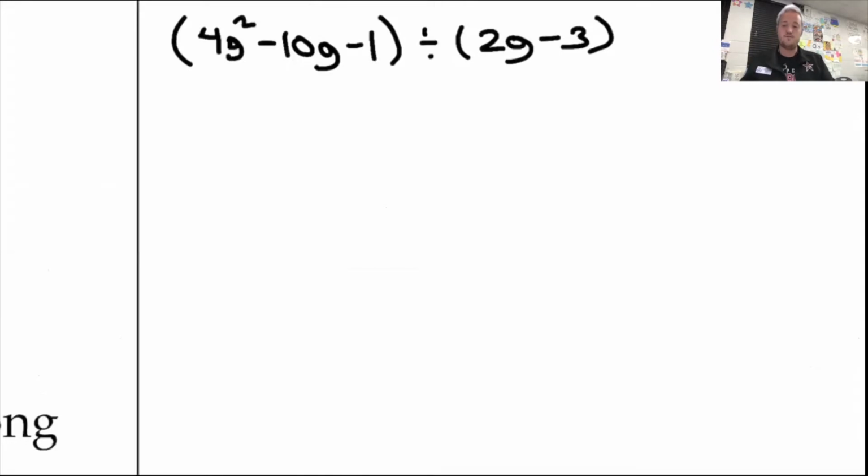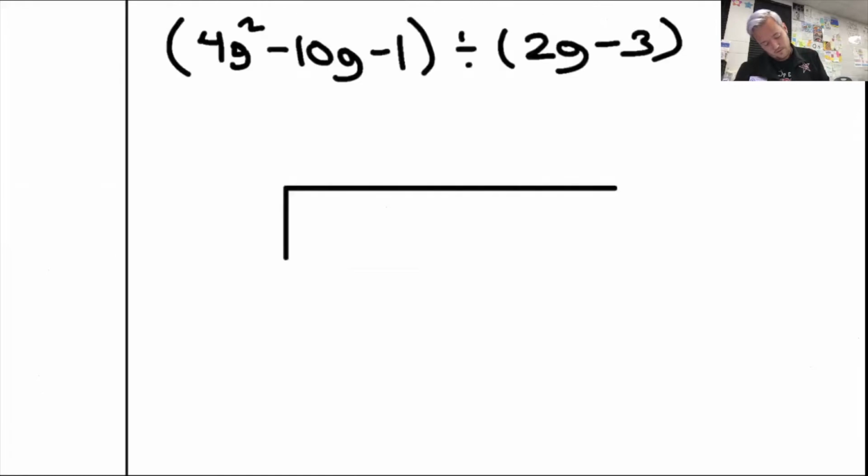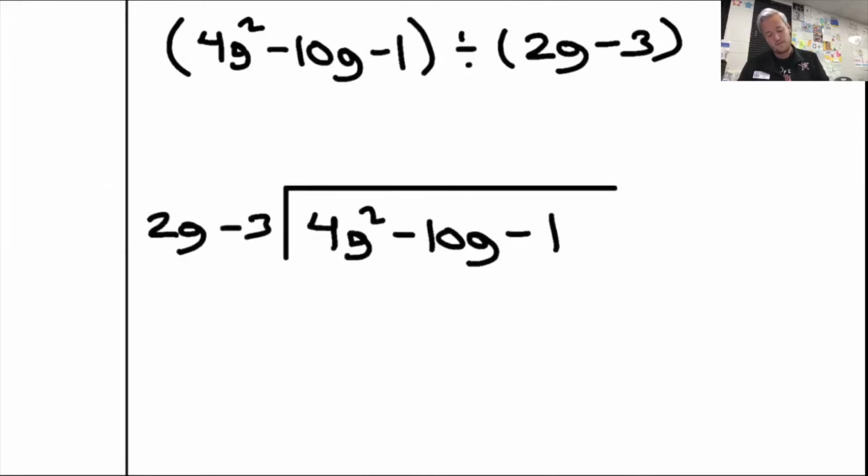All right, so I have 4g squared minus 10g minus 1 and 2g minus 3.